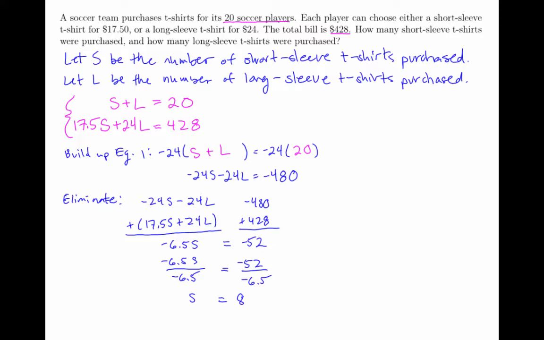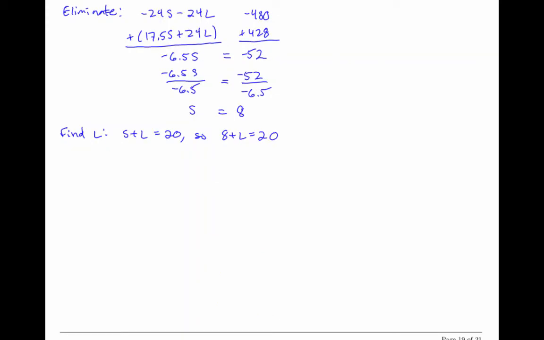Now that we have s, we can go back to one of our original equations and find the value of L. So now we can find L, and we can do that since we know that s plus L is equal to 20. So 8 plus L is equal to 20. And then from there, we can determine that L is then equal to 12.